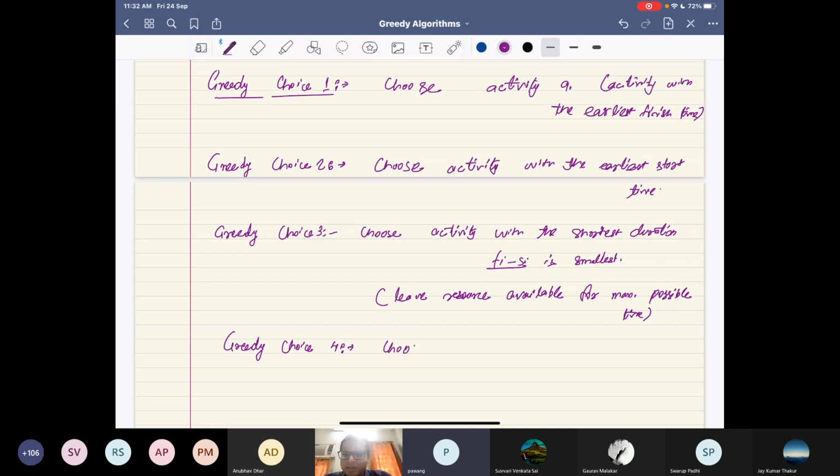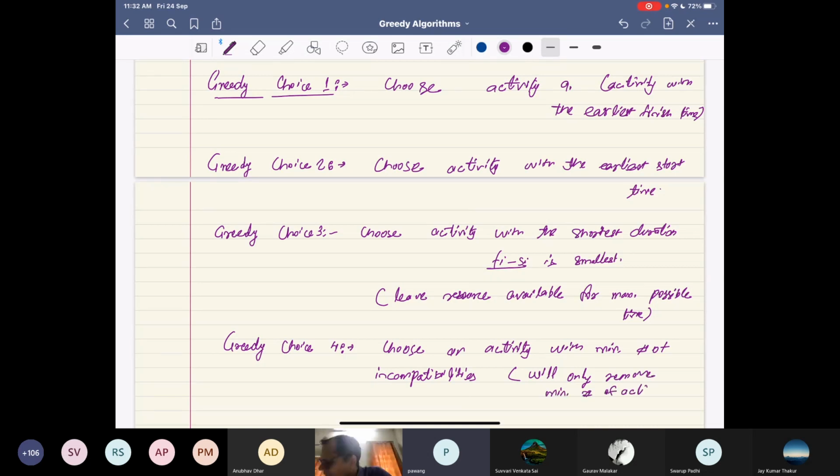So choose an activity with minimum number of incompatibilities. So if I select it, I have to only remove the activities that are incompatible and that are very few. We'll only remove a minimum number of activities. So most of the activities are still in the hunt, right?